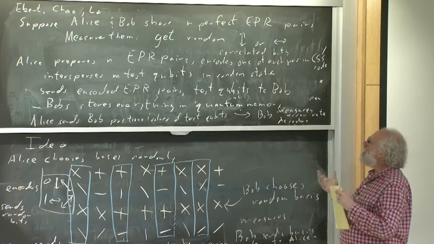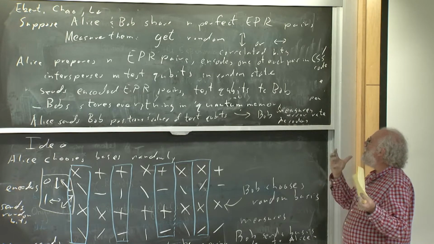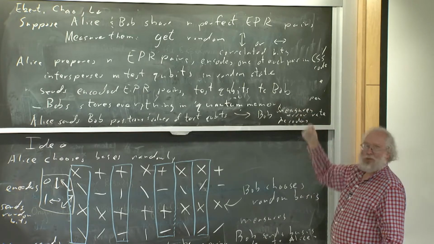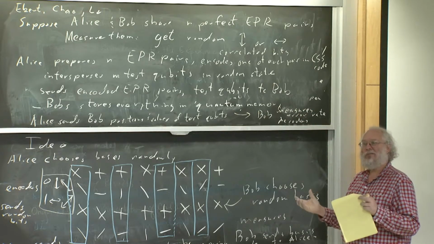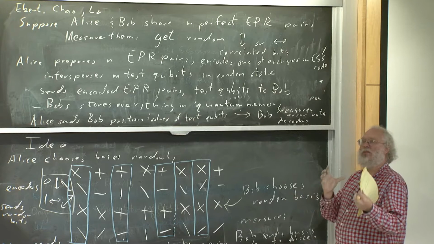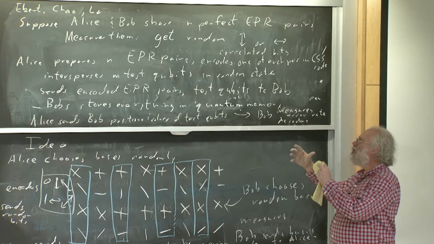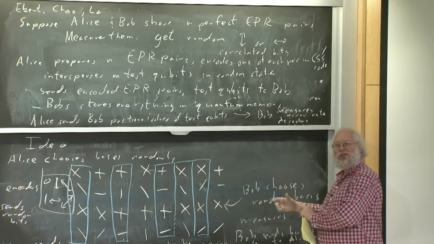It really doesn't matter if Alice measures it, and Alice is going to measure her perfect EPR pairs too. It really doesn't matter whether Alice measures them before she encodes them or she encodes them before she measures them.